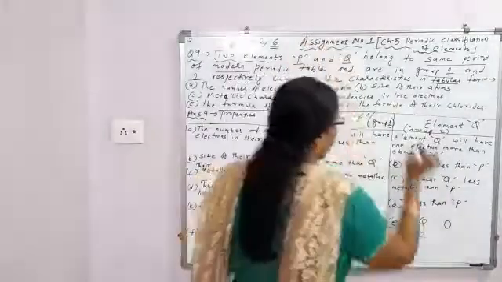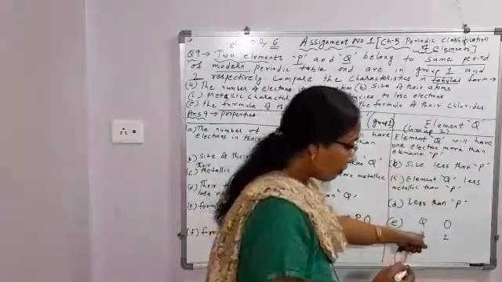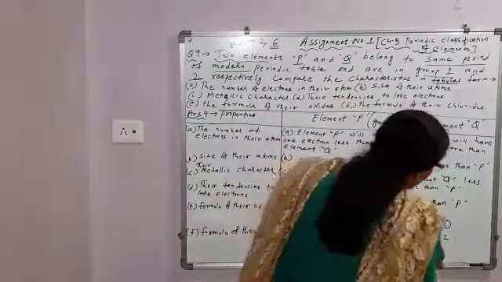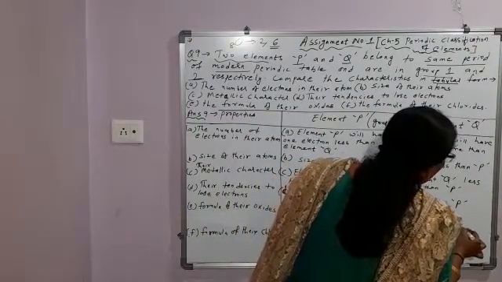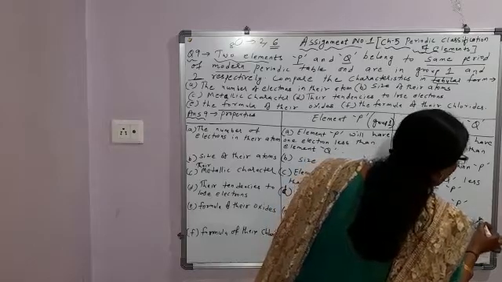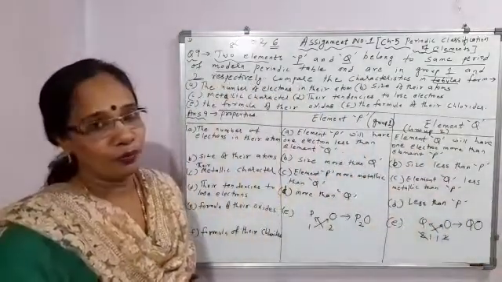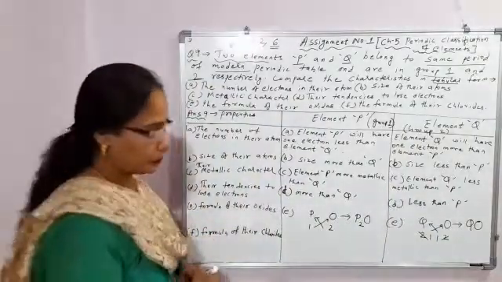It is gaining 2 electrons, so valency 2. Now, if it is divisible by a common factor, you will divide it. 2 and 2 are divisible, so the ones remain, then cross multiply. And 1 when you cross multiply, you will not write. So what is the formula of its oxide? QO.